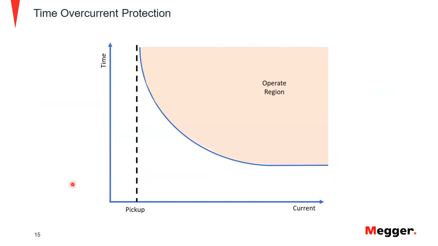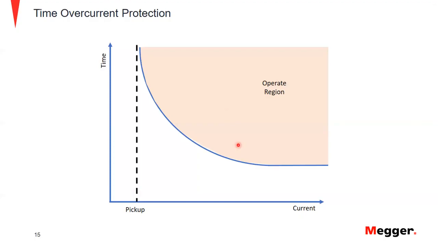So on this, with the inverse time region, I'm going to show you a little bit. You would have the time over current reference, and we would have some pickup value. We also have this operate region.